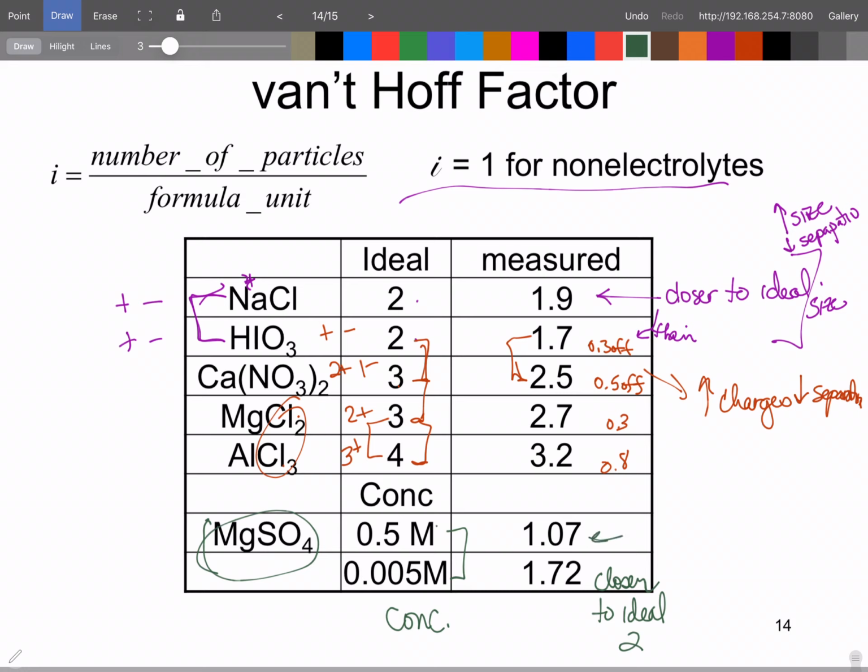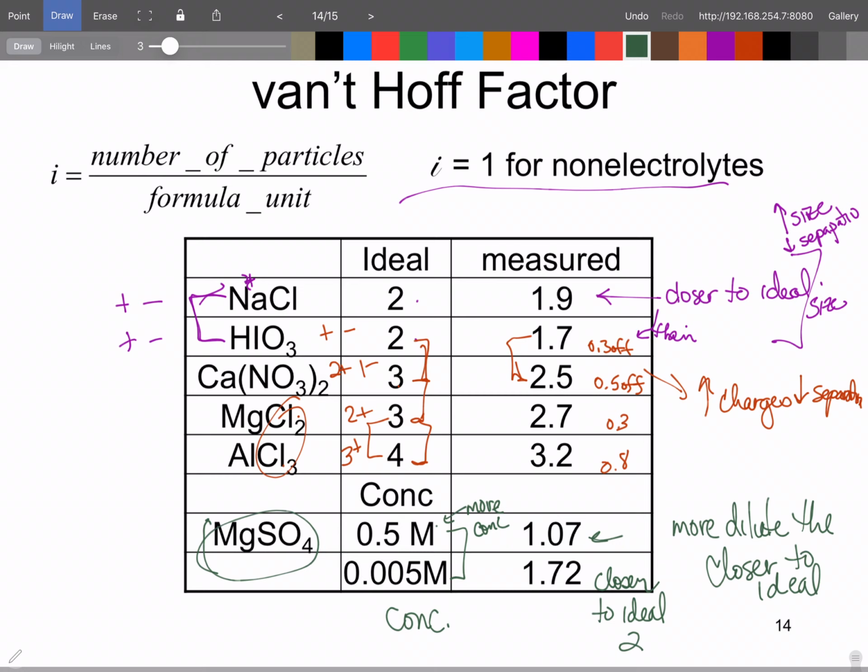There are more particles here, so this is more concentrated. So you can say that the more dilute it is, the closer to ideal. We'll get to why that is on the next slide. So this tells us why we're not seeing full dissociation.